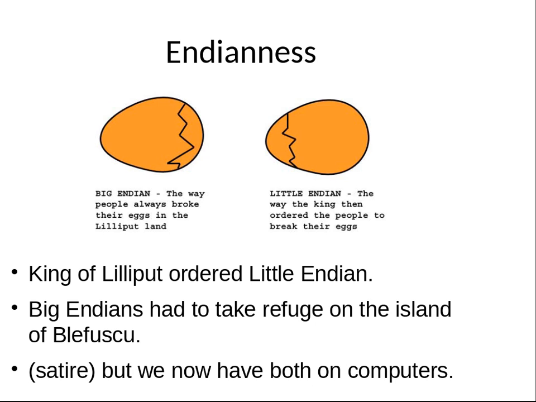The king decided that he wanted everyone to break it on the little end, so he ordered the Big Endians to change. Well, the Big Endian people didn't want to change, so there was a war, and they had to take refuge on the island of Blefuscu, I don't even know how to pronounce that. Yes, this is satire, but we have this. Exactly. And it is really annoying.